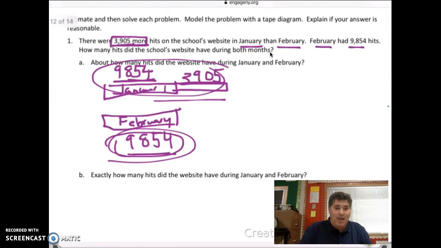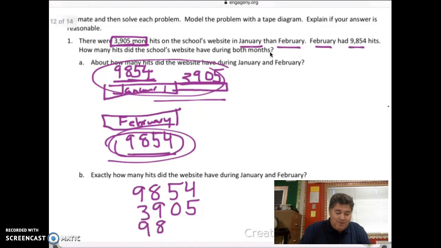So we've got 9,854 plus 3,905 plus 9,854. We're going to add all those together. So 4 plus 4 is 8, plus 5 is 13. Carry the 1. 5 plus 5 is 10, plus 1 more is 11.